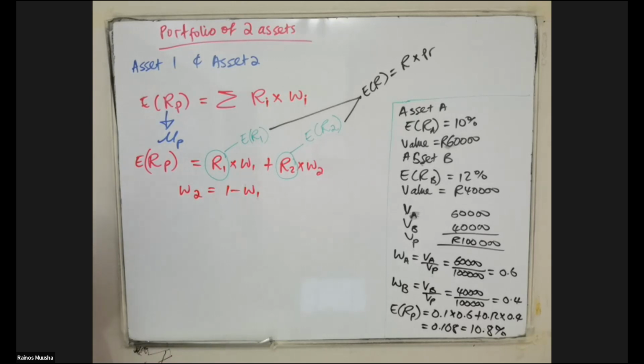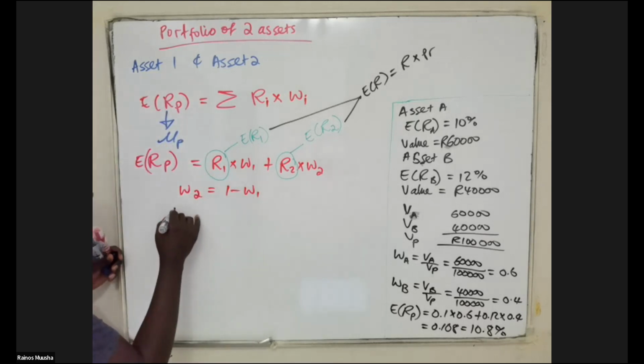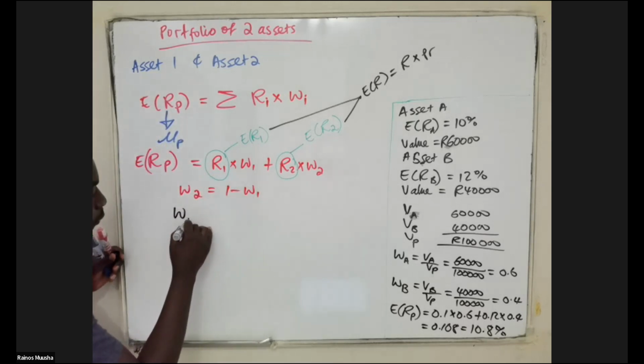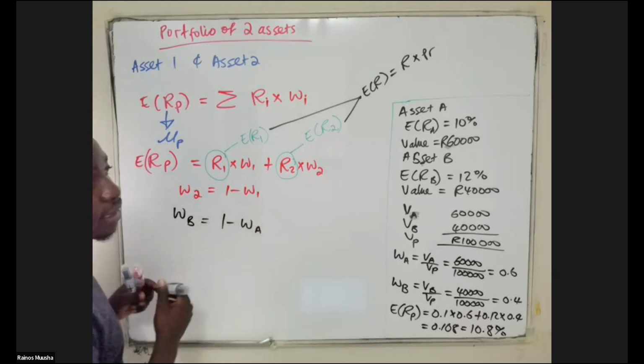Since your portfolio is made up of 2 assets, it means if you have the weight of asset 1, you can now calculate the weight of what? Of asset 2. Just like what we did here. It means as well, the weight of asset B is equal to 1 minus the weight of asset A.